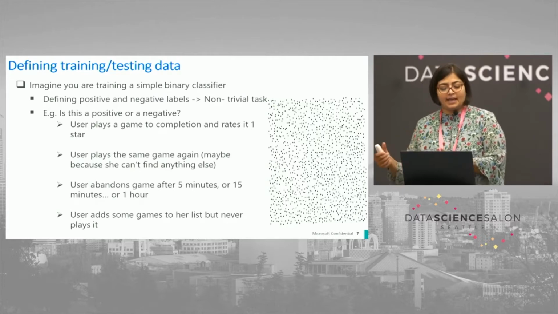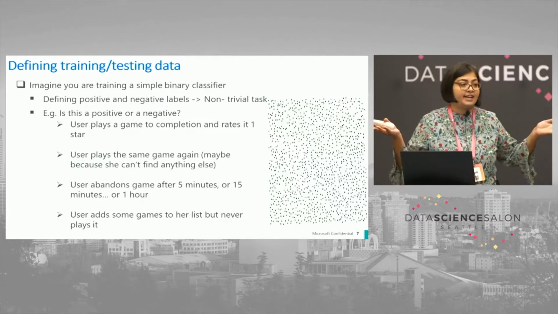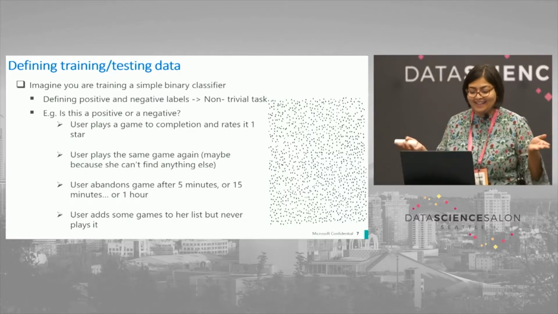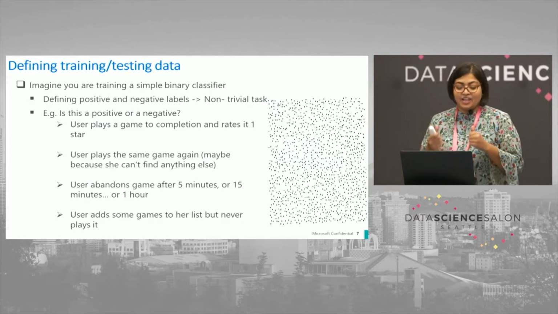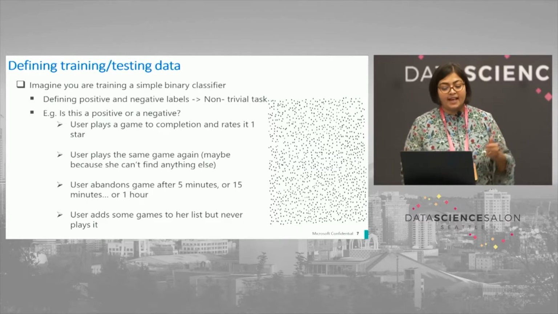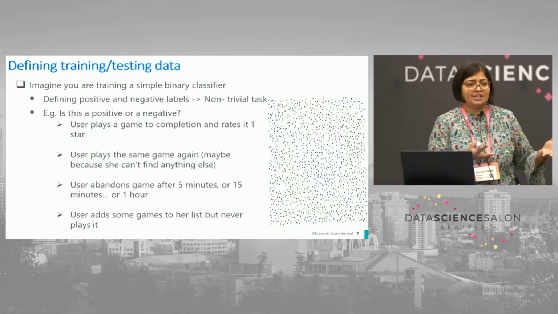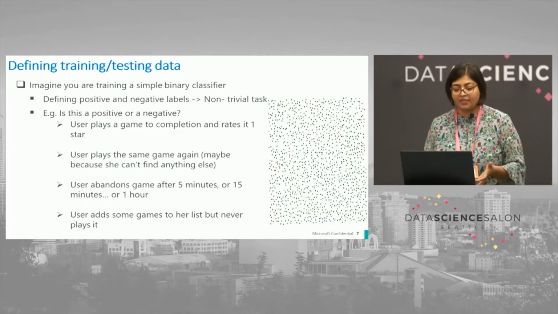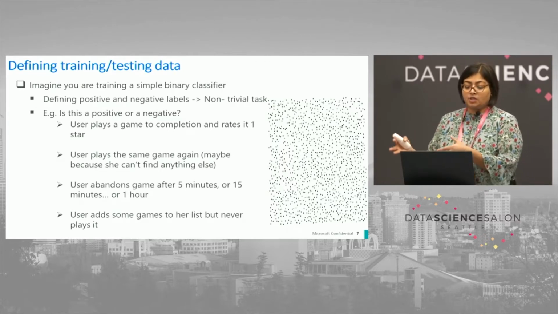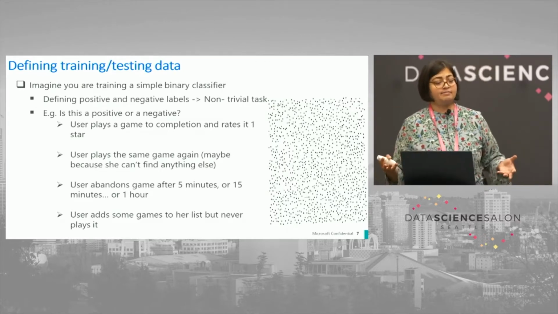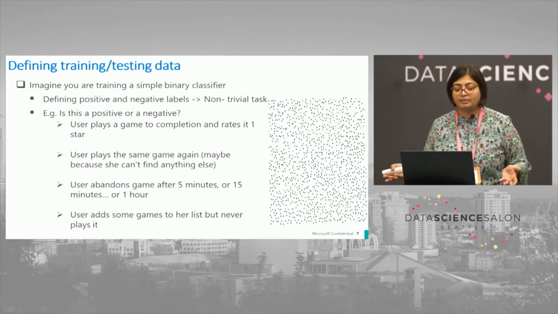A user plays the same game again, but maybe because she couldn't find anything else. You do not know the reason. A user abandons the game after 5 minutes or 15 minutes or an hour. Is that a negative, or is there something she needed to do urgently? You have no feedback on that. A user adds some games to her list but never plays them. Maybe she didn't find time, like I never do with my kid.